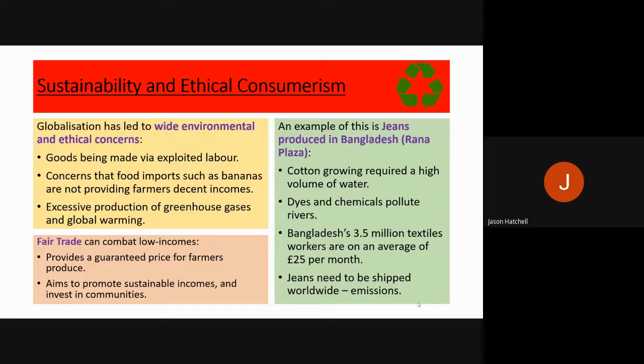It basically aims to promote sustainable incomes and invest in local communities so they can prosper themselves and create their own globalization and benefit from the globalization process. It aims for those smaller communities to become, as a term we've used earlier on, switched on to globalization.